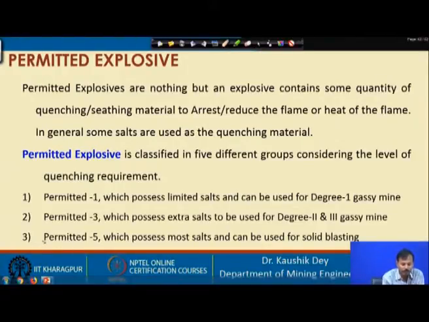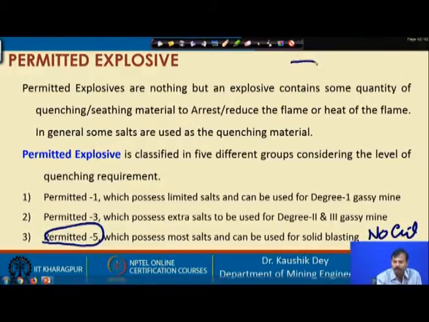Permitted 5 explosive is used where there is no cut. That means full face blasting is being carried out, by drilling and placing the explosive, and there is no drainage of methane beforehand.